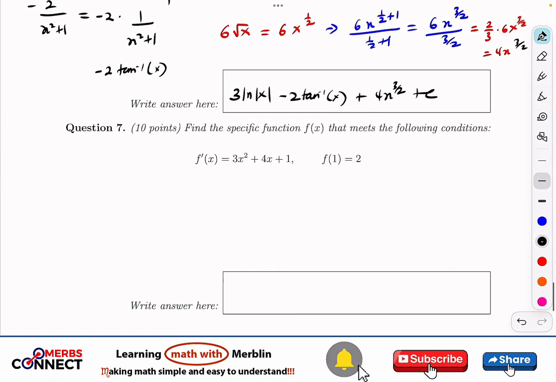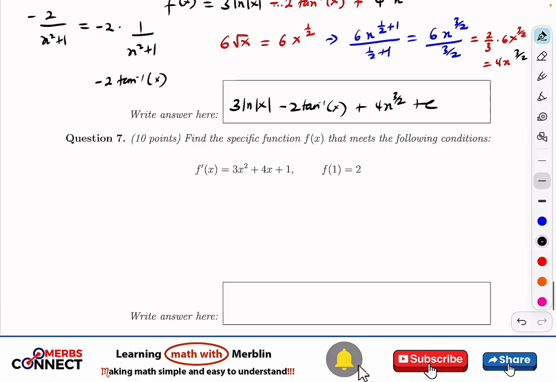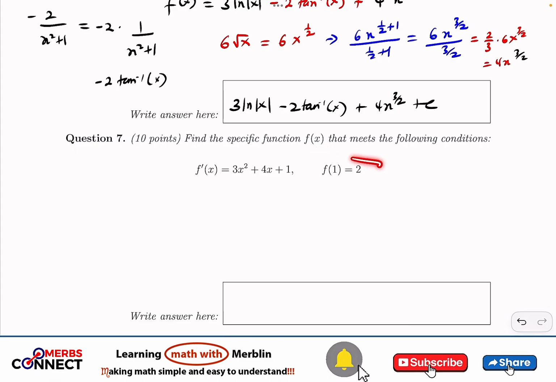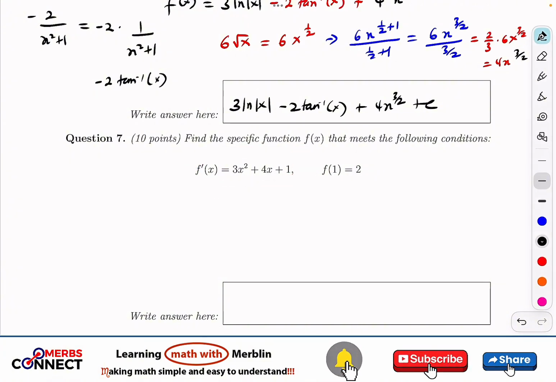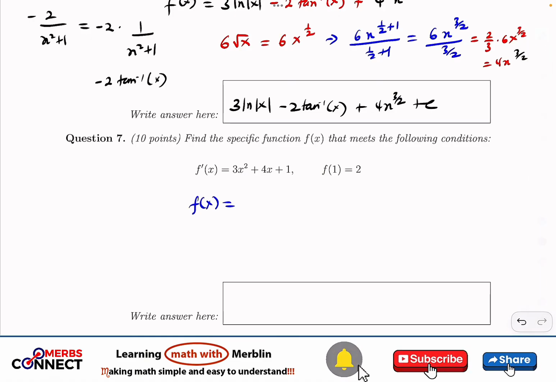Now let's do our last question, last but one, because we have question 8. Now find a specific function that meets the following condition. So here, what we just want to do is very simple. We want to find the function that we differentiated to have this. That's all. So it means that we need to take the entire integral. So this is going to be f of x. Let's use the power rule here.